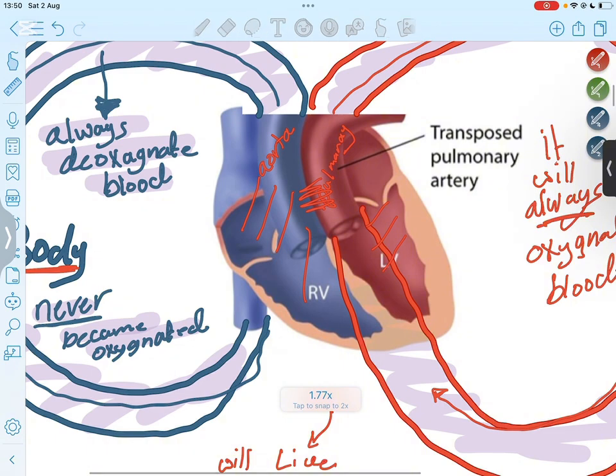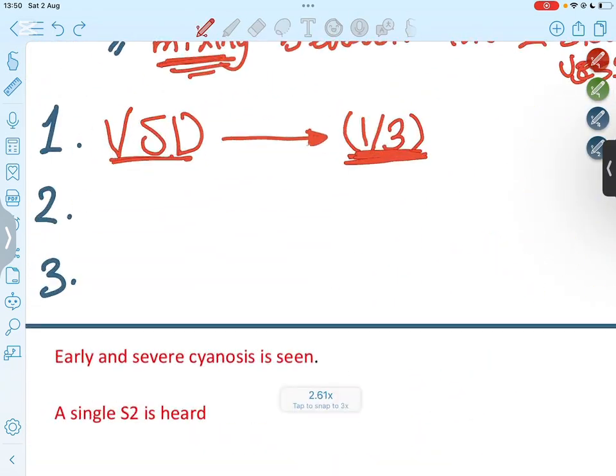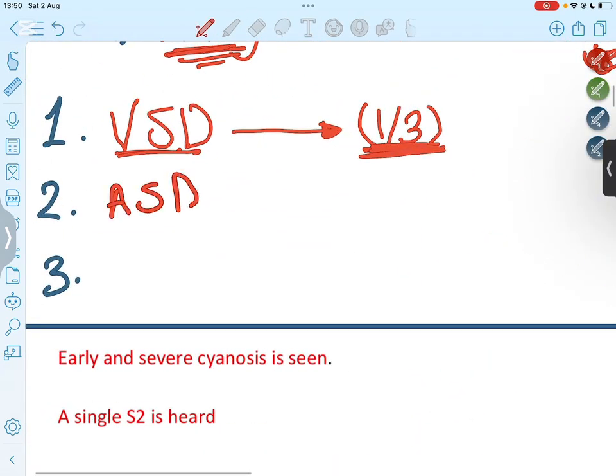The second one is atrial septal defect, a defect in the septum between the atria. Also, we could have a patent ductus arteriosus.